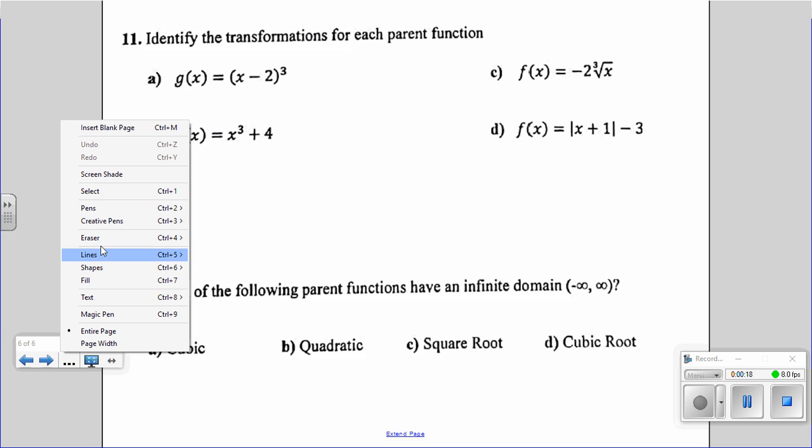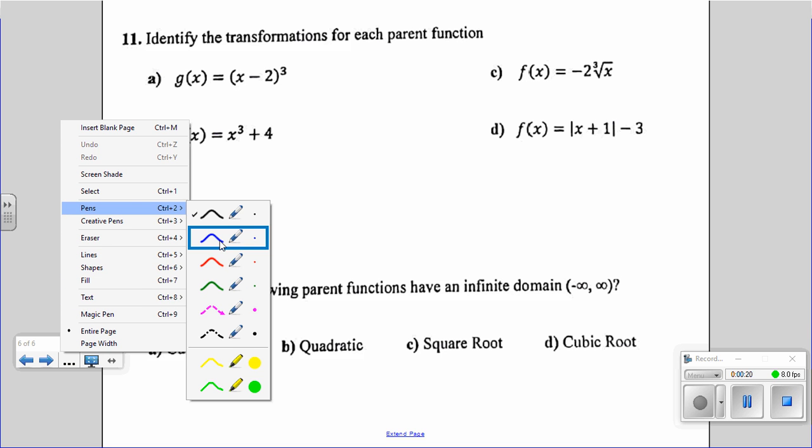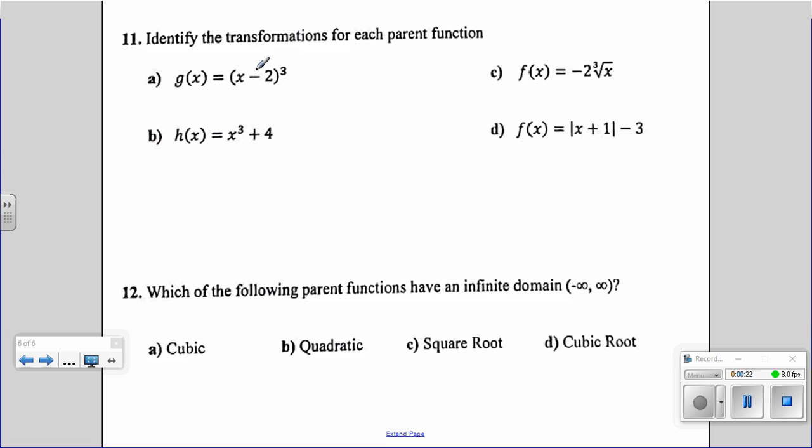So when I look at A, I notice that we have a minus 2 inside the parentheses. So that's the symbol. And we talked about it, that whatever happens inside the symbol, you do the opposite of what you see. So it says minus 2 to my x's, which makes me believe I would move to the left.